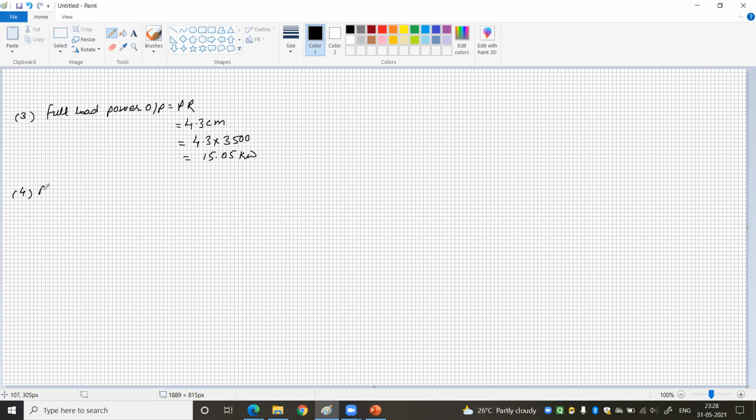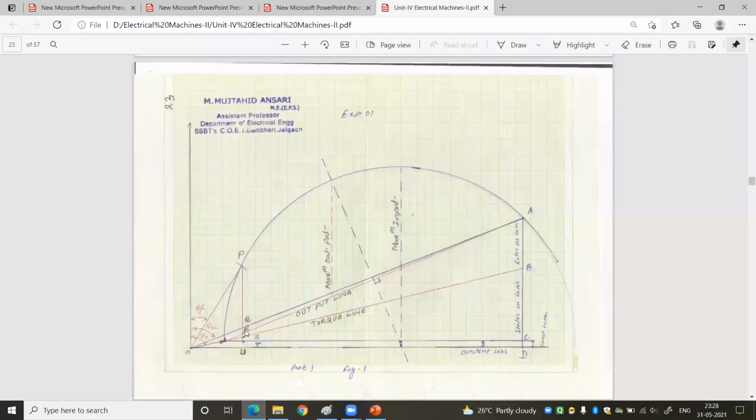Fourth is the efficiency. Efficiency: output is P2R, whereas input is total P2U. See in this diagram, P2R is the output power, whereas P2U is the input power.